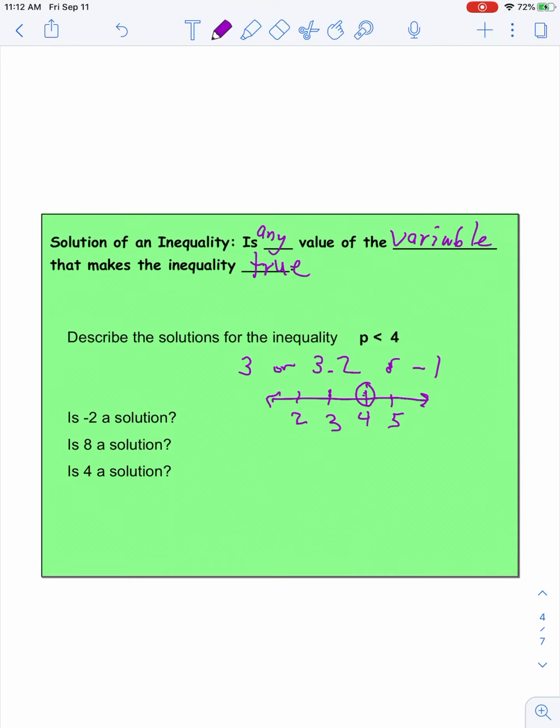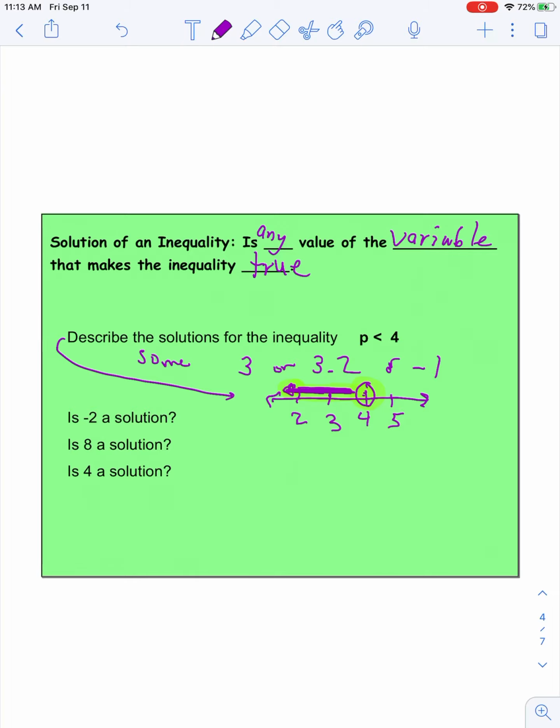I would not shade it in because it's not equal to 4, it's only all the values that are less than. So then I would have an arrow going to the left. And that's how I describe really all the solutions. These are some solutions, but those are all the solutions. So this is describing right here all of the solutions of that inequality.